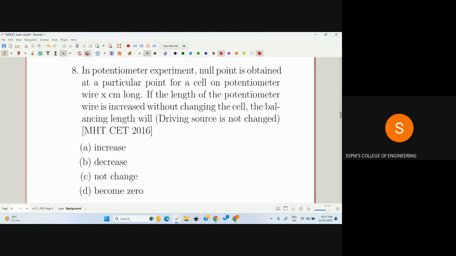You know the potentiometer, how the potentiometer looks like? Let me draw the diagram of the potentiometer, the simple diagram, which is not given in the book. The voltage supply, let's consider V. Voltage supply given to the potentiometer is V. It is given to the copper wire.